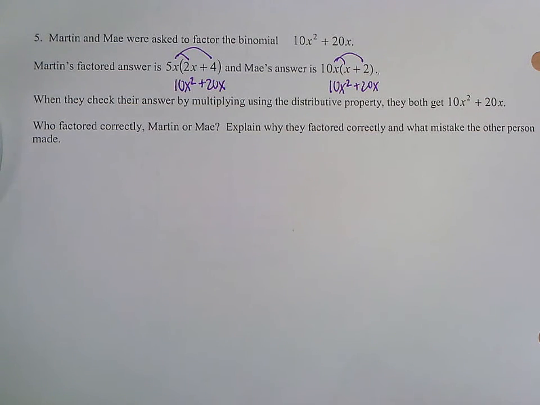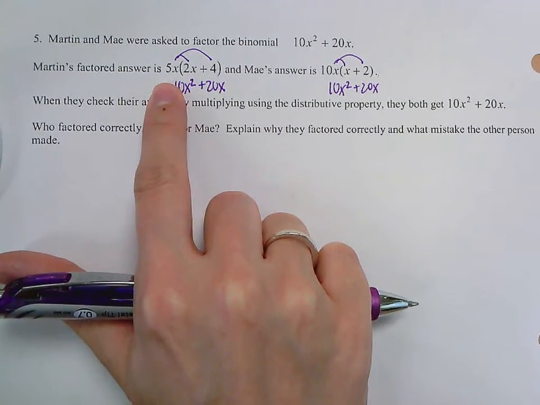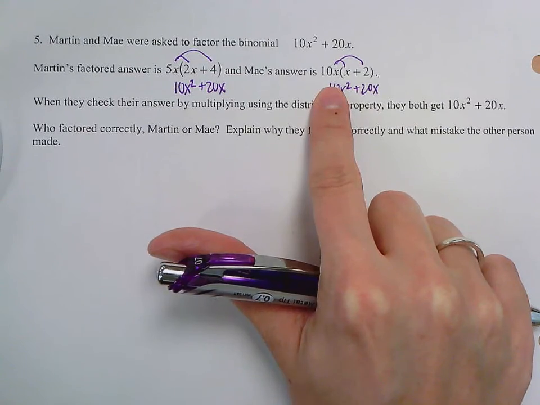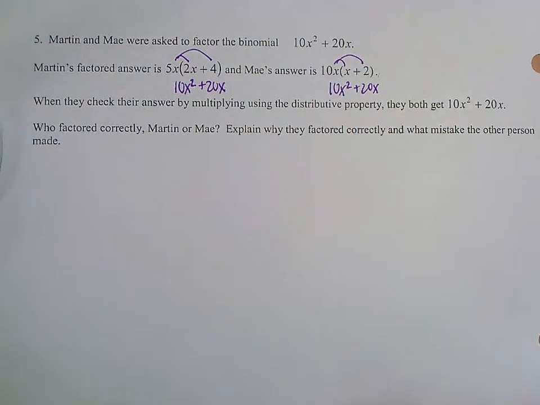So who is right? Nadia? May, because she went with the GCF. Okay, May is correct. GCF stands for greatest common factor. So 5 is a common factor, 10 is the greatest common factor.